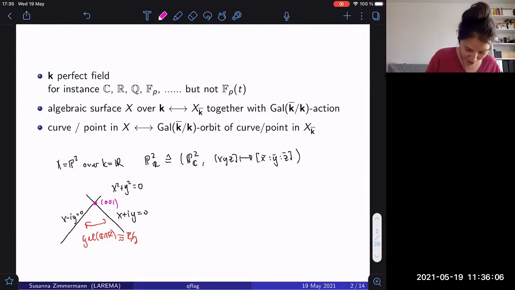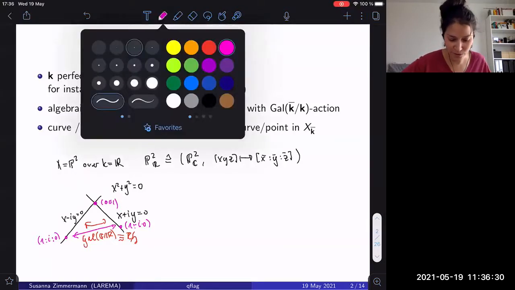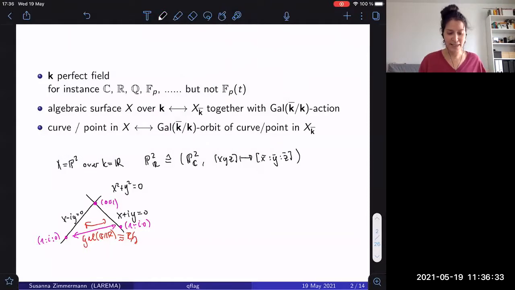And I have points, for instance, (1, -i, 0) and (1, i, 0), which are complex conjugates. Their union is a closed point over R, but over C that's just a Galois orbit. So this allows me to look at a variety over a field that is not closed in a geometric way.